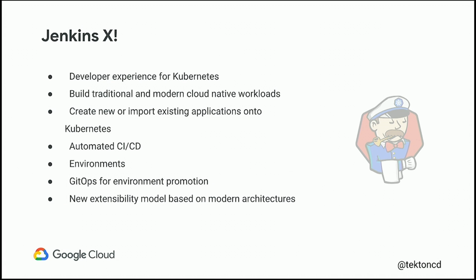It gives you fully automated CI/CD integrating with GitHub via Prow, so a lot of automation and GitOps promotions, without you actually having to go click stuff by hand. It's got promotions, it's got staging, dev and prod environment integration, and a whole lot of other magic.